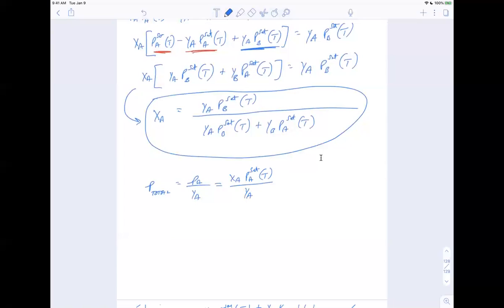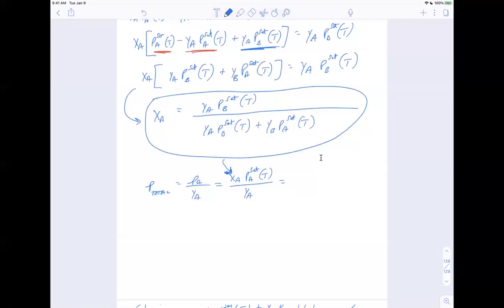And we now know what xa is in terms of ya. It's given by the expression in the circle. We have xa on the left and everything on the right is in terms of ya. So all we have to do is substitute for xa.